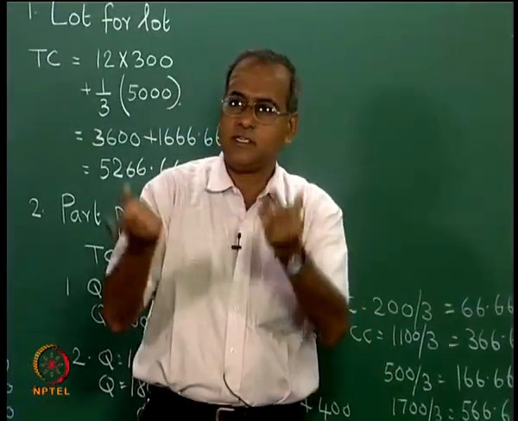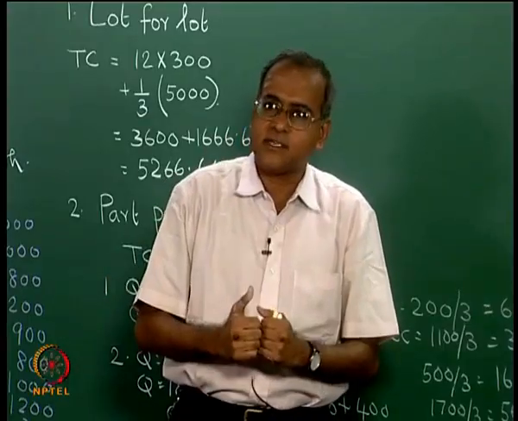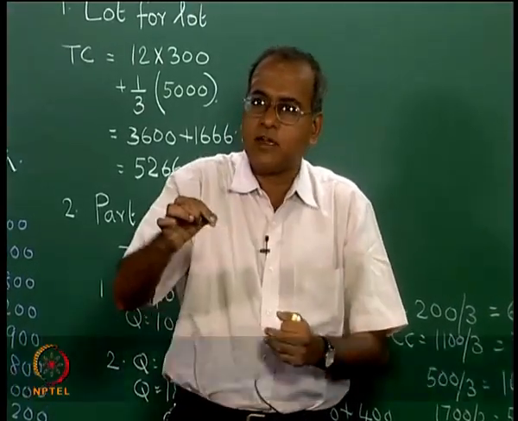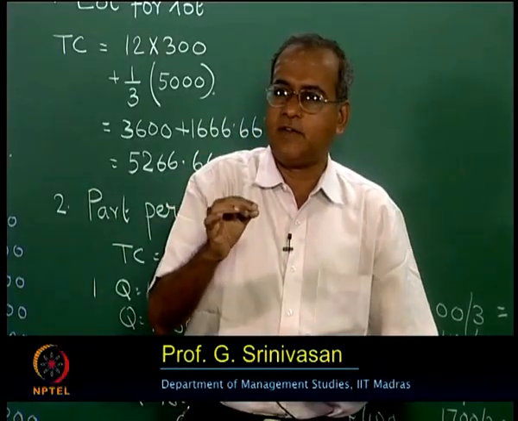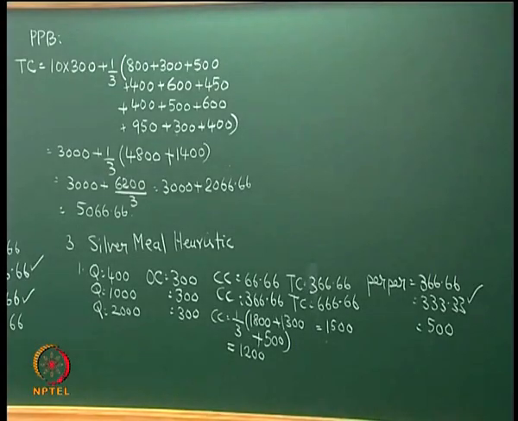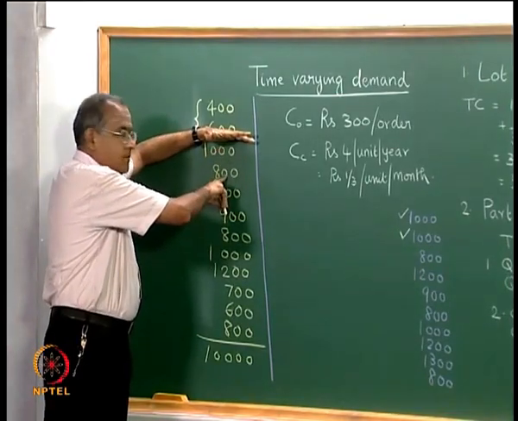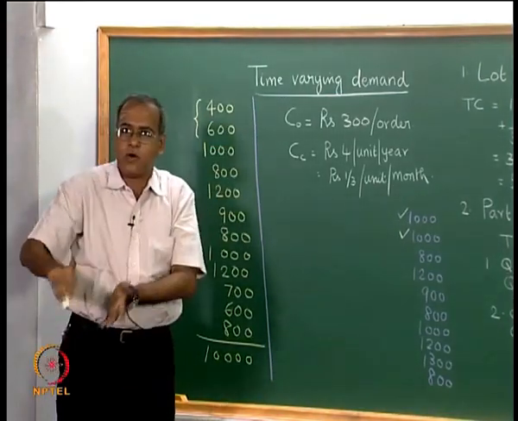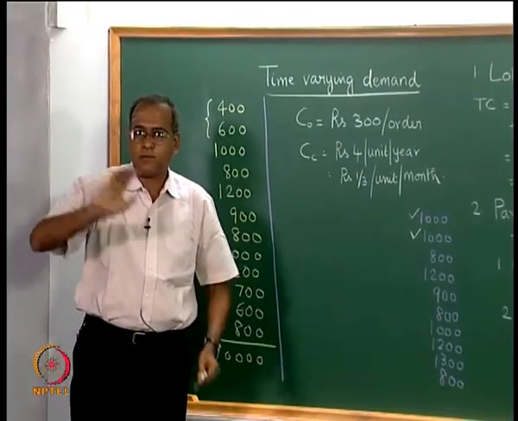Silver meal tries to do the combined cost for multiple periods, averages it and sees that period for which the average is showing a local minimum, or the average is optimized. Now we have to continue like what we did here, starting from this. So we will start with q equal to 1000, q equal to 1800 and so on till we find yet another local optimum and then we proceed.